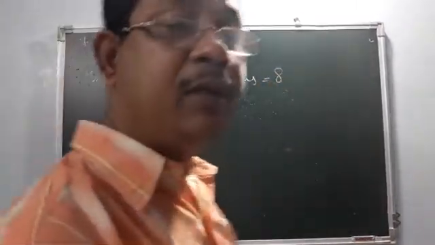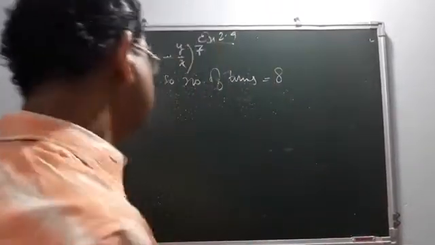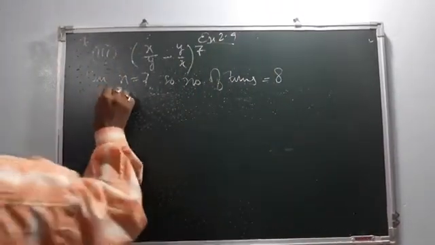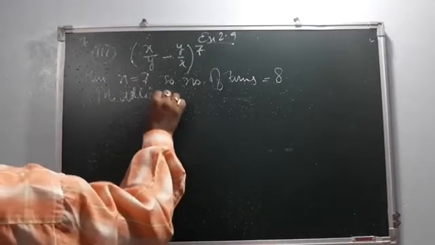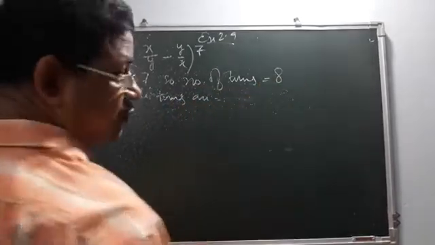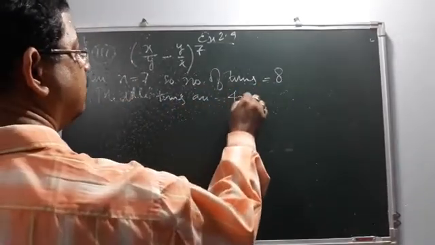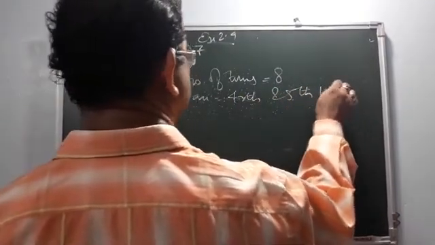Now as the number of terms is even, there will be 2 middle terms. Therefore the middle terms are the 4th and 5th terms.